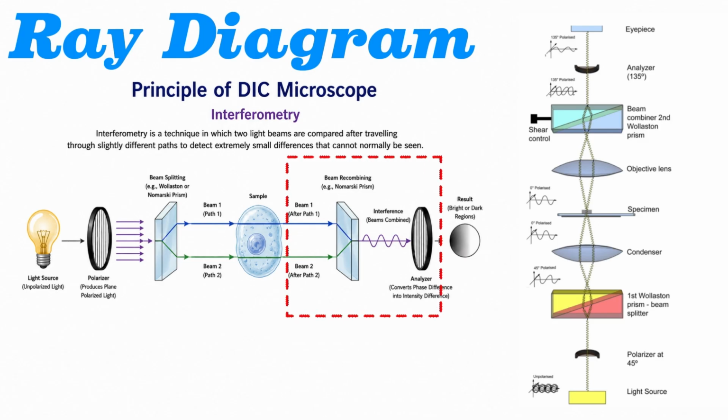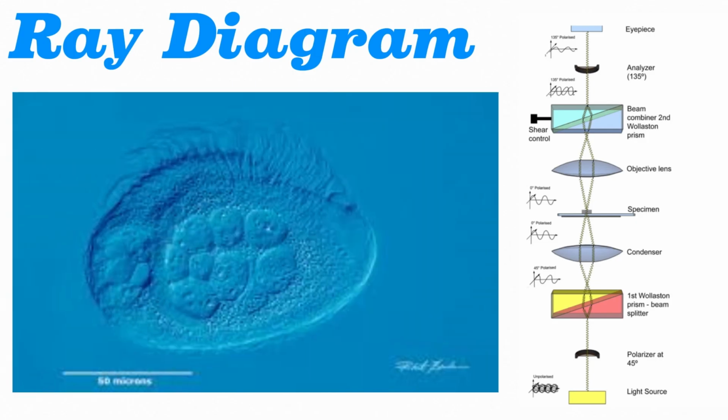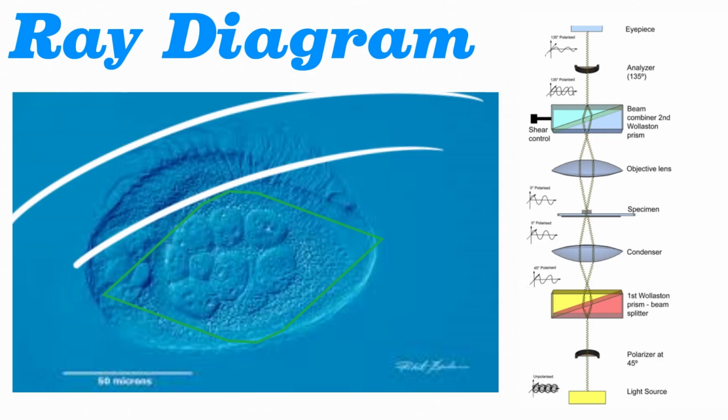Depending on how their waves combine, the final image becomes brighter or darker. If the two light waves reinforce each other, constructive interference occurs and that region appears brighter. If they cancel each other, destructive interference occurs and that region appears darker. As a result, extremely small differences in optical path length are converted into visible light and dark regions.